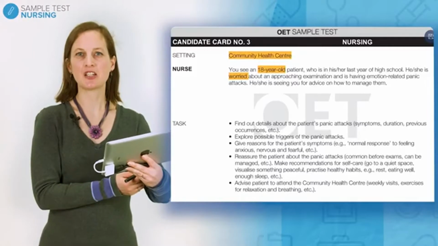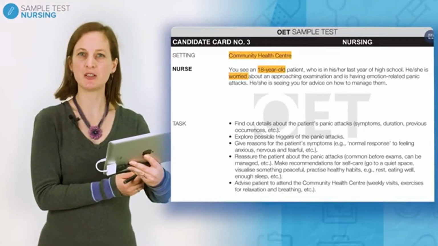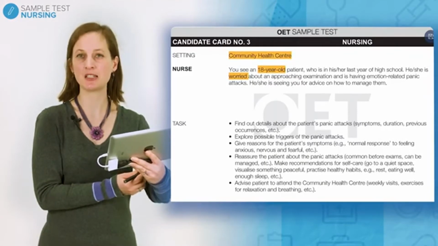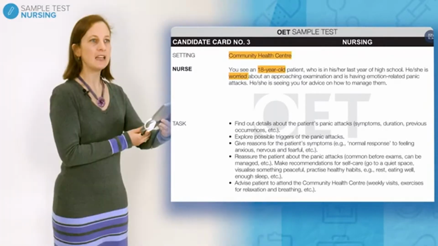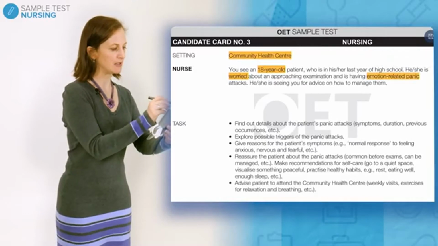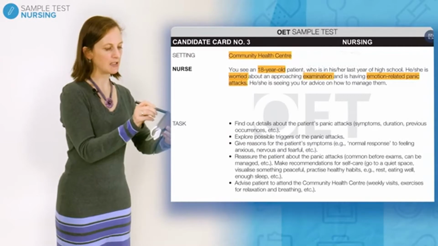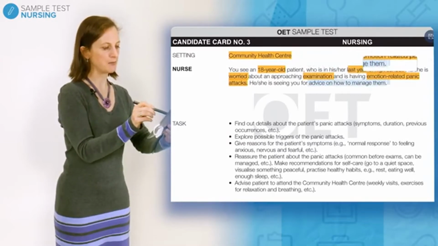Check the healthcare condition the role play will be about from the background information, as well as any useful details which might relate to how the patient will respond to questions and options I suggest during the conversation. I can see that this patient is experiencing emotion-related panic attacks, which are related to an examination in their last year of high school, and that they have come to me for advice on how to manage them.